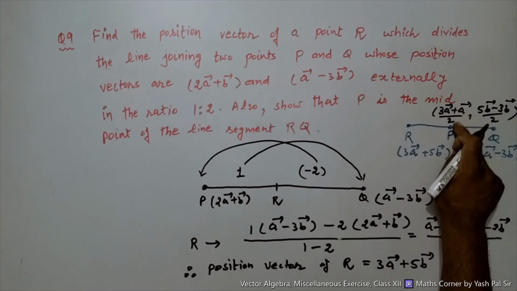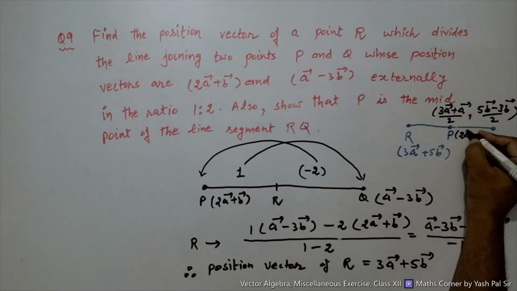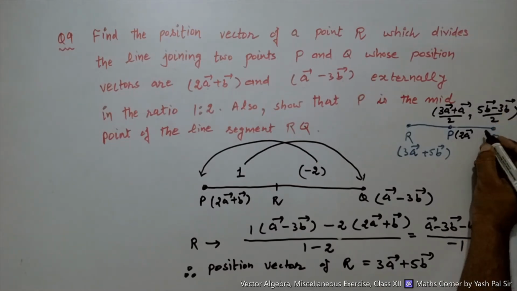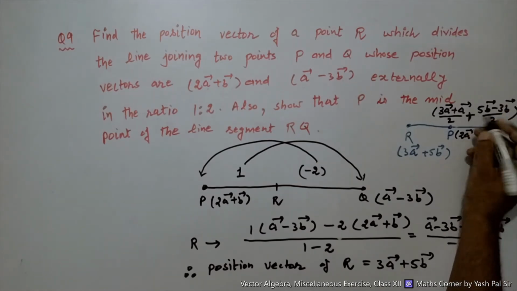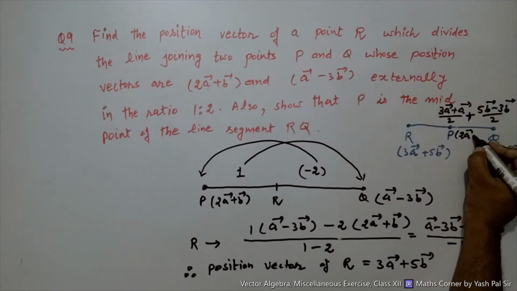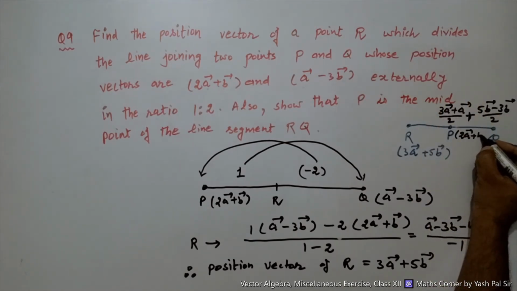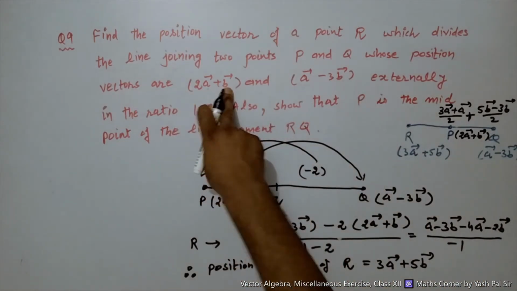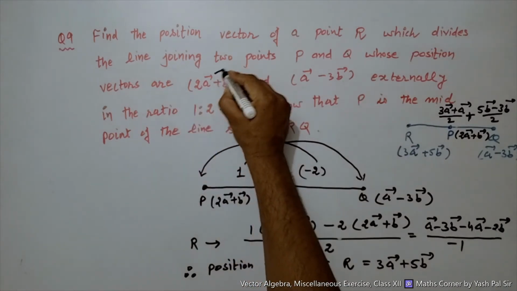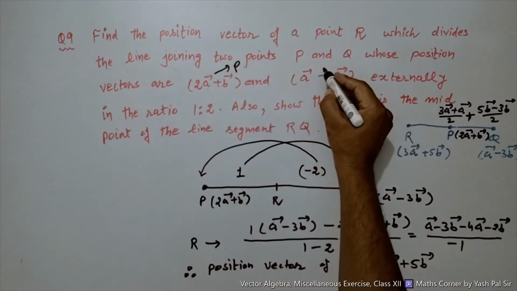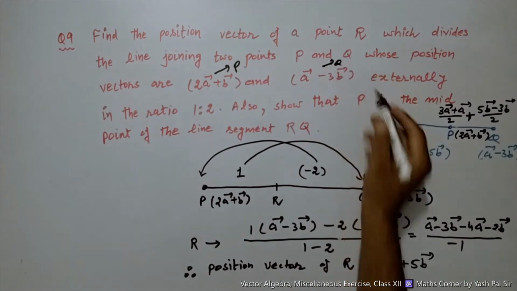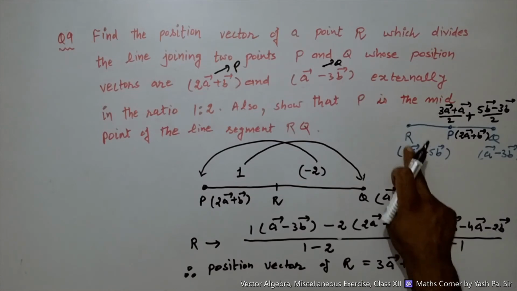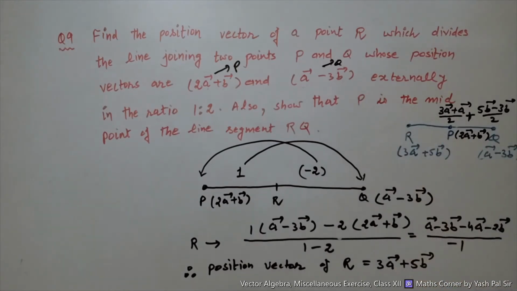So what are the coordinates of P? 3 plus 1 is 4, 4 upon 2 is 2 vector A; 5 minus 3 is 2, 2 upon 2 is 1, plus B vector. So what was this? 2A plus vector B. Yes, this is true. This was the position vector of P, and this was the position vector of Q. So we have proved that P is the midpoint of the line segment joining the points R and Q.